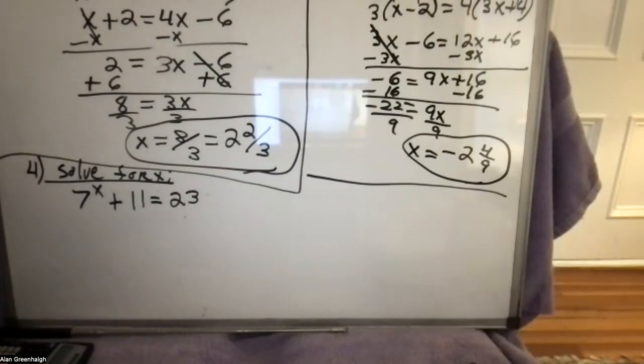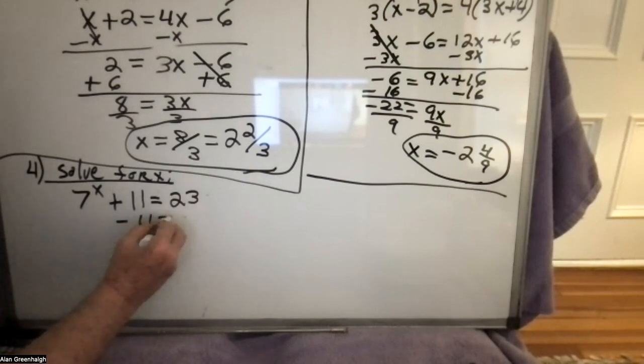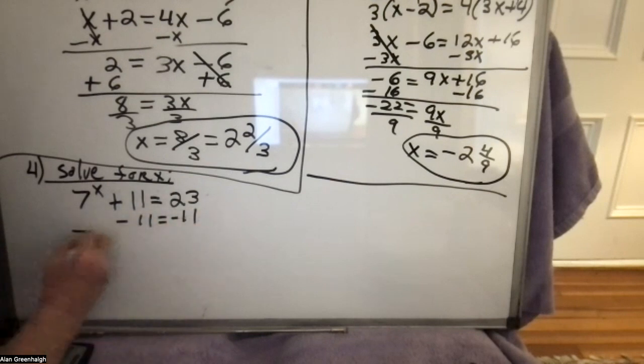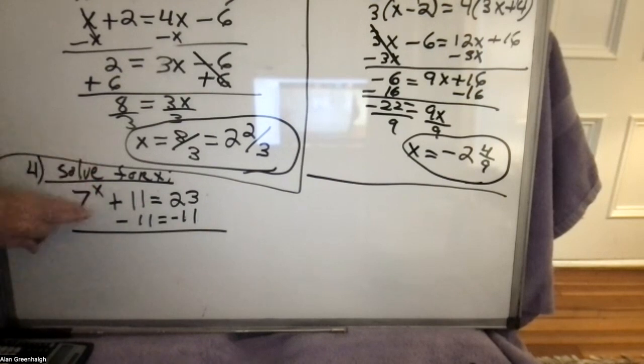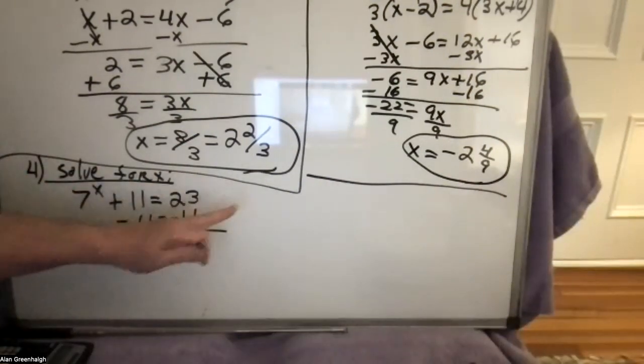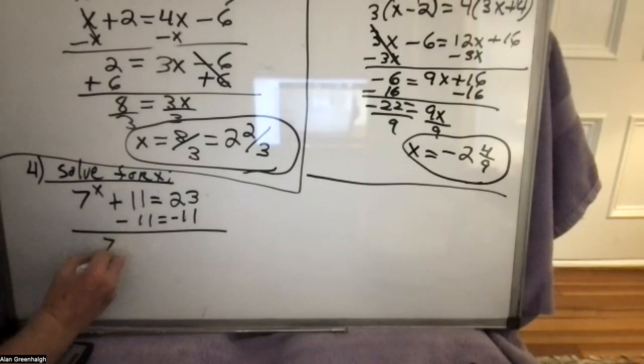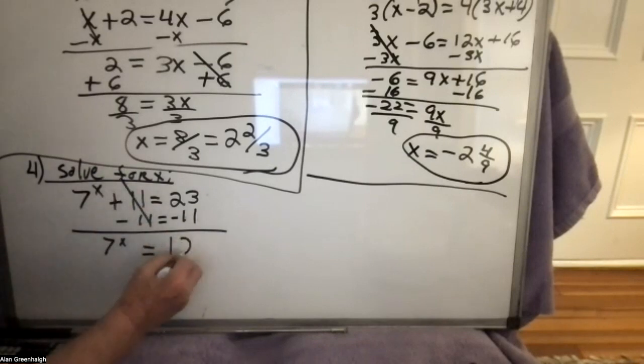Let's begin. So this is actually a problem where you would begin by doing this. Make believe you're trying to isolate the x. So you want to bring everything else to the other side. So 7 to the x is equal to 12.